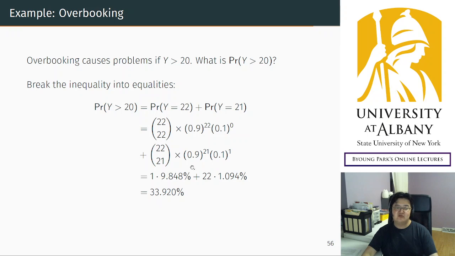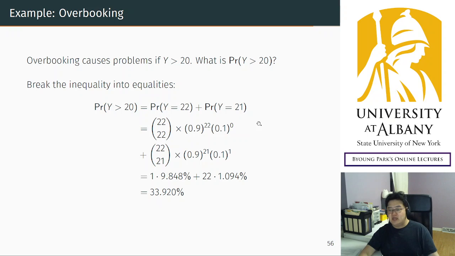So we get this probability, and if you calculate them, you get about 34%. Nearly 34% is the probability of overbooking causing trouble.